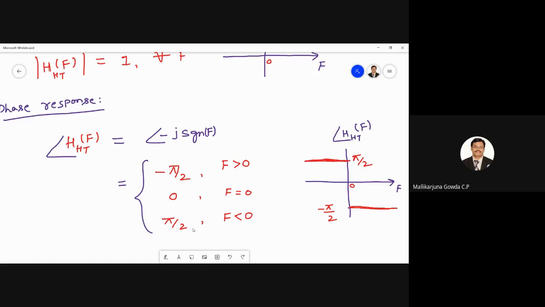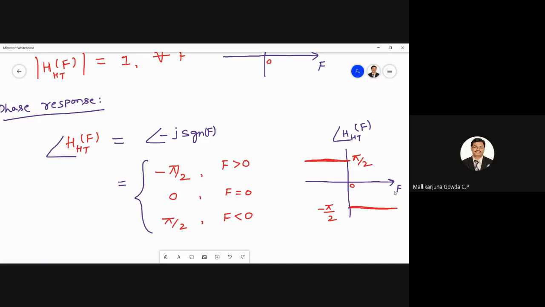So this point is clear. What I said: the Hilbert transform produces a phase shift of minus 90 degree for all positive frequencies of the input signal, and plus 90 degree phase shift for all negative frequencies of the input signal. This is what I can conclude from the phase response.